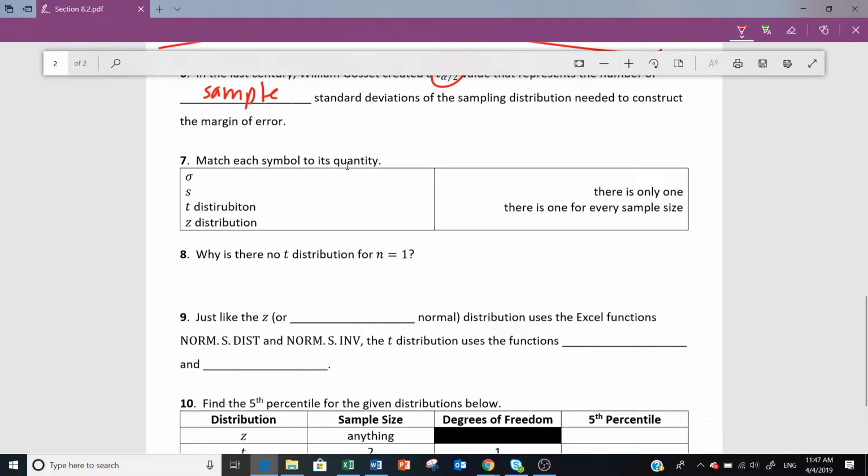We already know that the S and the T go together, and that the sigma and Z go together. Part of the reason these go together is that with sigma, there may only be one, or there might be one for every single sample size. Same thing with S. So let's match each of these to what we think.